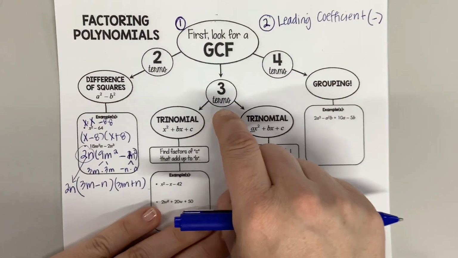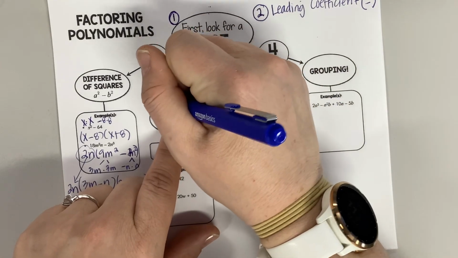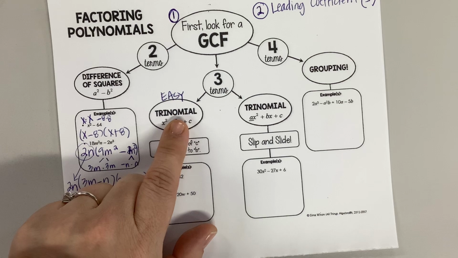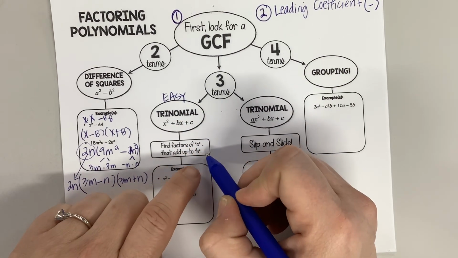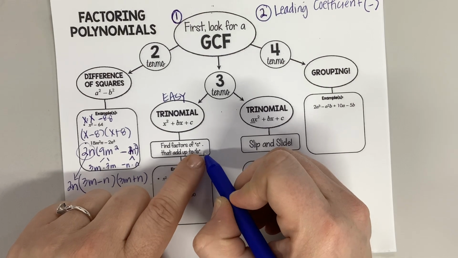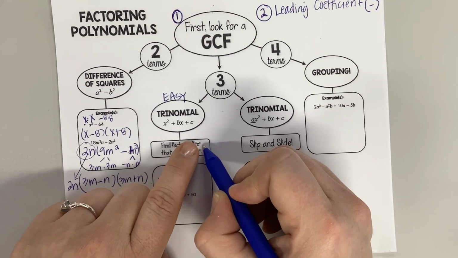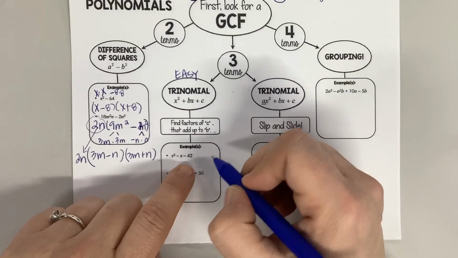If there's 3 terms, you've got 2 ways of doing it. You've got the easy way: factors of C that have a sum of B. So I look.